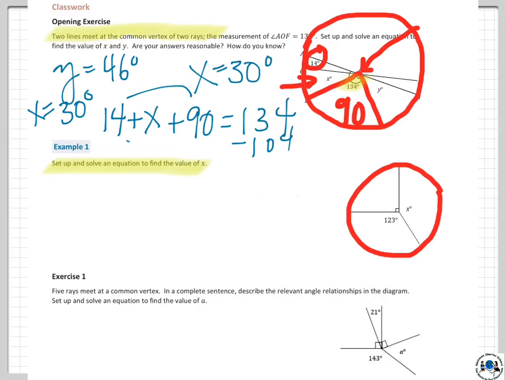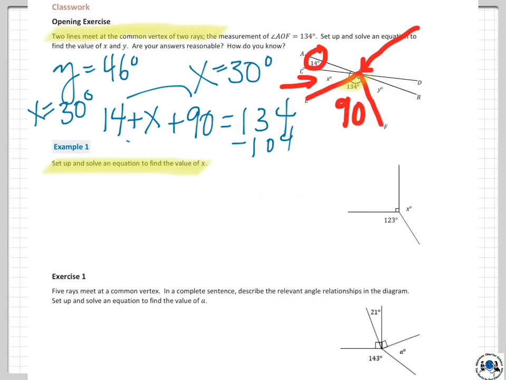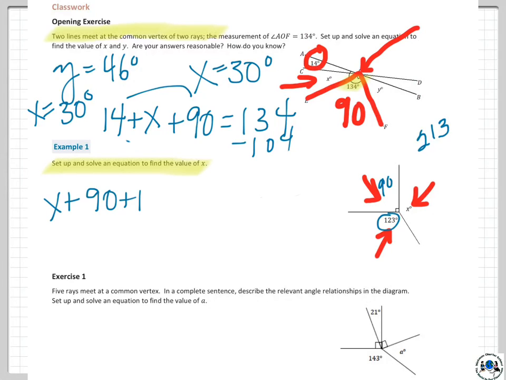Therefore, the relevant relationships here are that all of these 3 angles are going to equal up to 360 degrees. Therefore, we know this is 90. This is already, we know, is 123. Those together are 213. Okay, so I guess as an equation, it should be x plus 90 plus 123 equals 360.